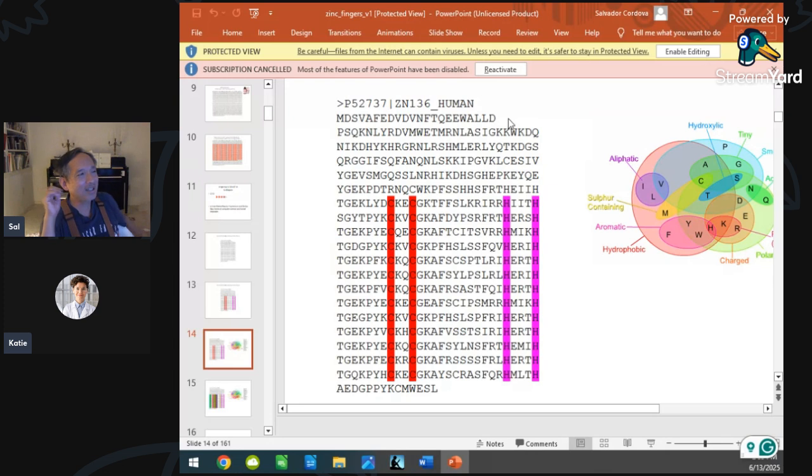So the DNA, which has an alphabet of ACTG, the RNA has ACTU, so that's adenine. Oh goodness. A is for adenine, C is for cytosine, G is for guanine, T is for thymine, and U is for uracil.